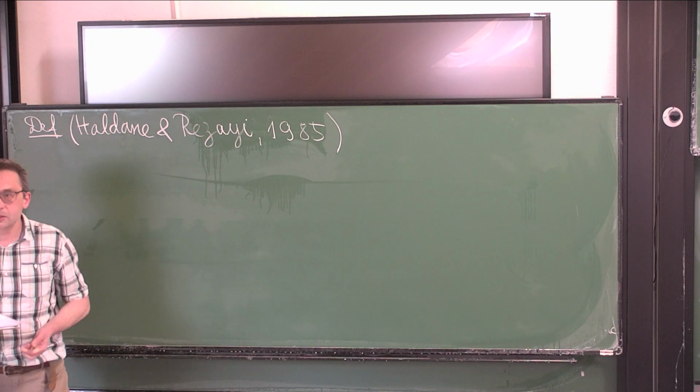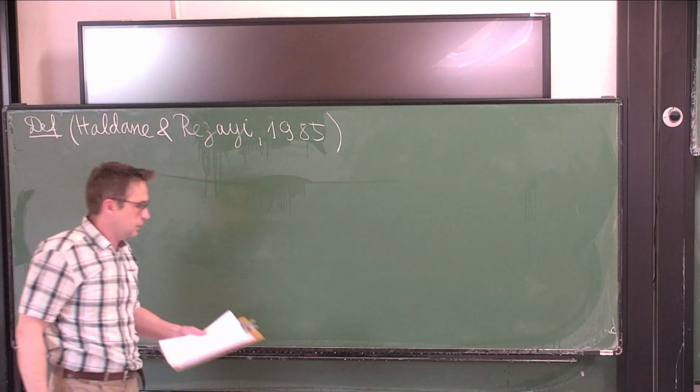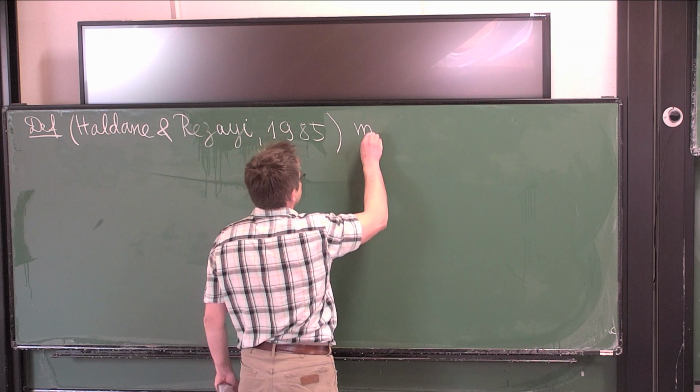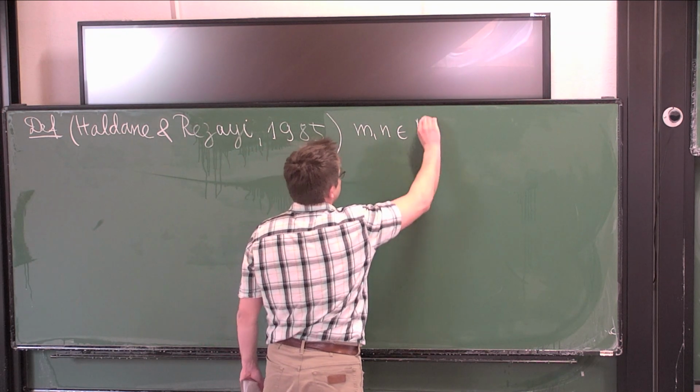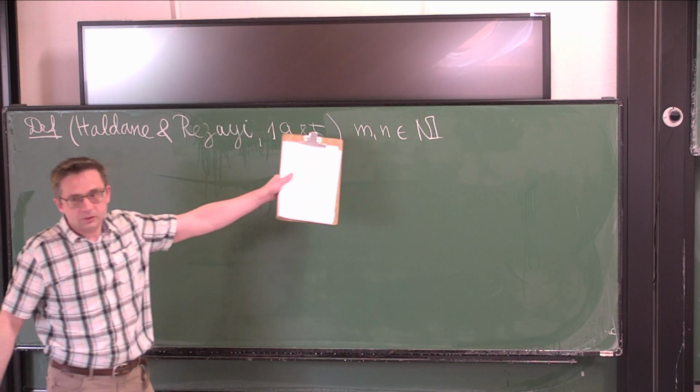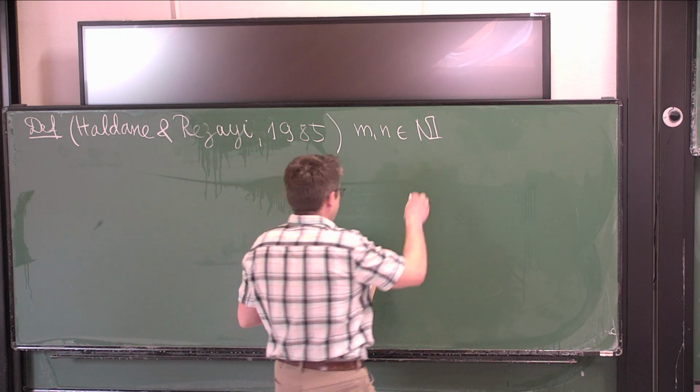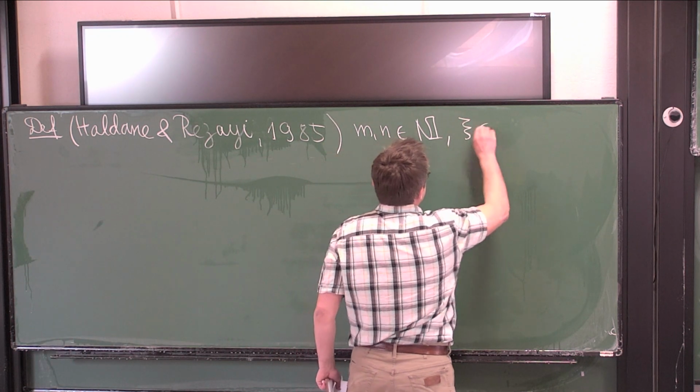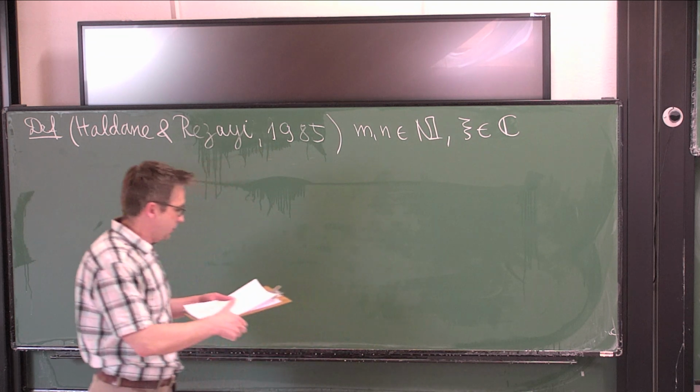To present this formula, let me fix two natural numbers. n will be the number of particles, and xi is a complex parameter.